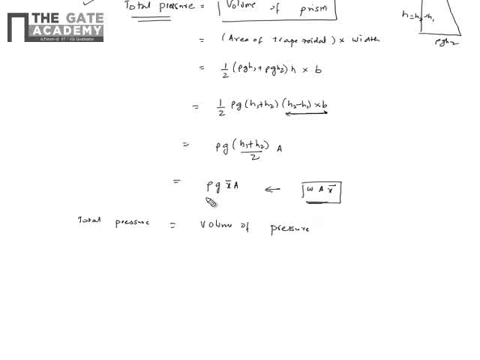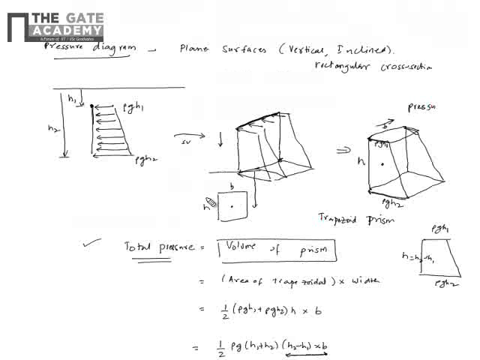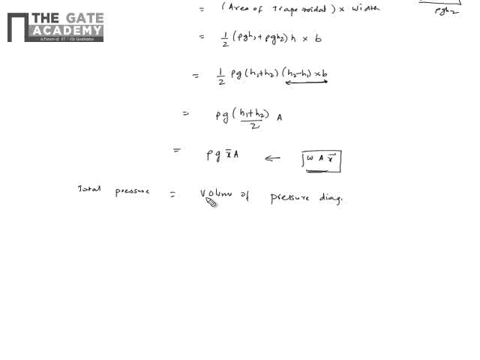So this is your pressure diagram, and the volume of the pressure diagram is a prism. It will be a prism only for your rectangular cross section. So adopt this procedure for rectangular cross section. And so this is one important fact.